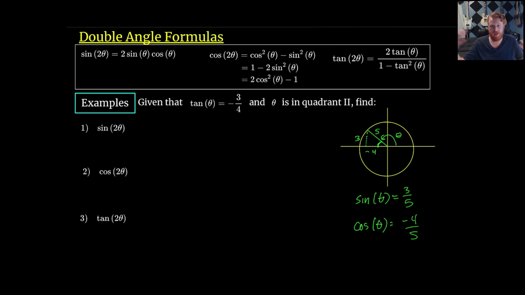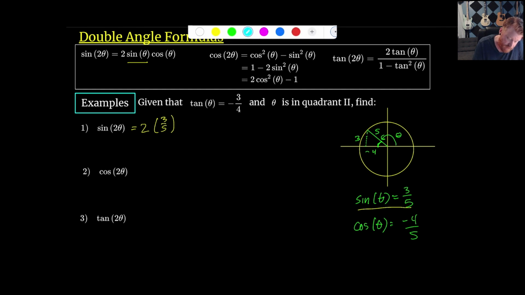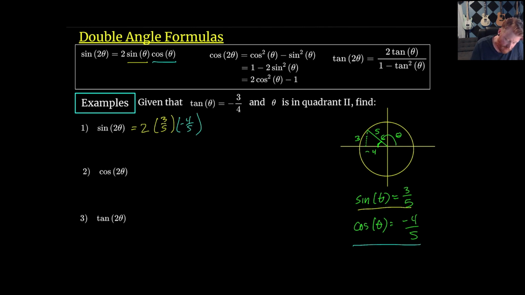Now we've got all of the background information that we're going to need from the problem. So sine of 2 theta is going to be 2 times the sine of theta, which is 3/5, times the cosine of theta, which is -4/5. And now we just multiply things out.